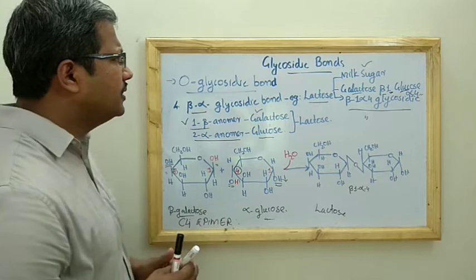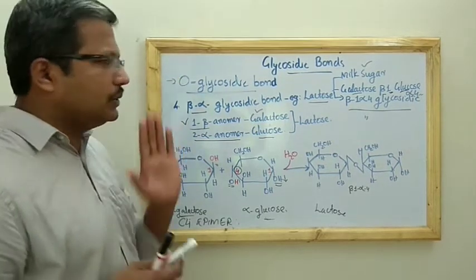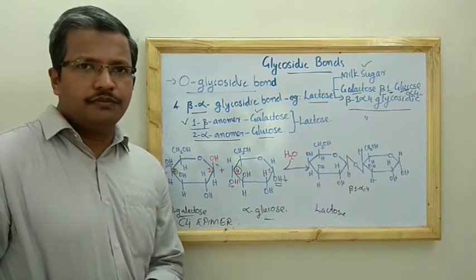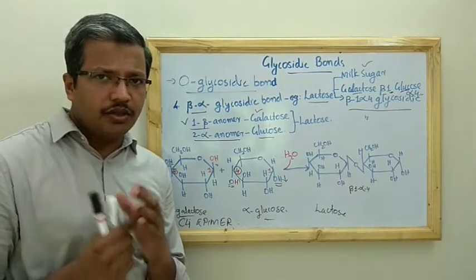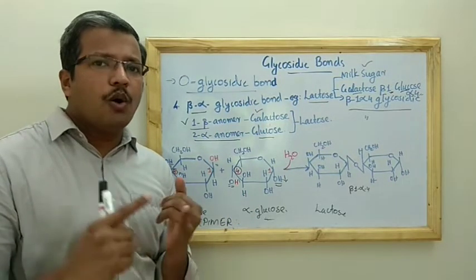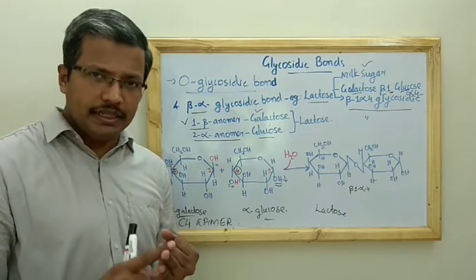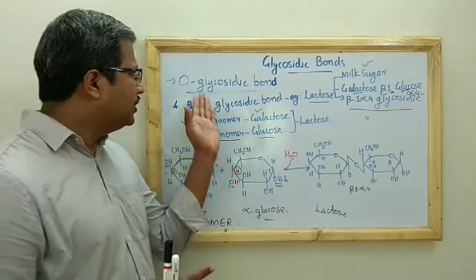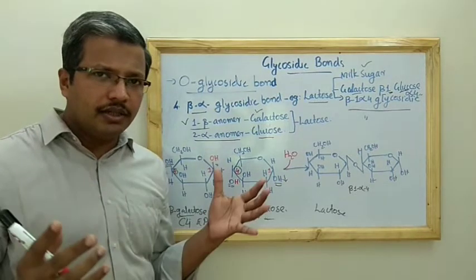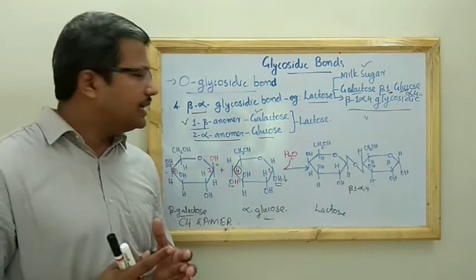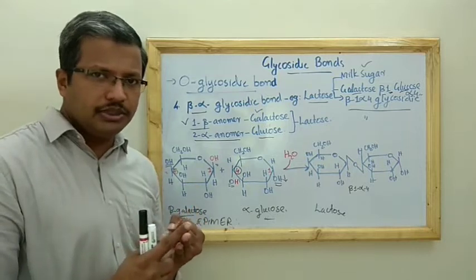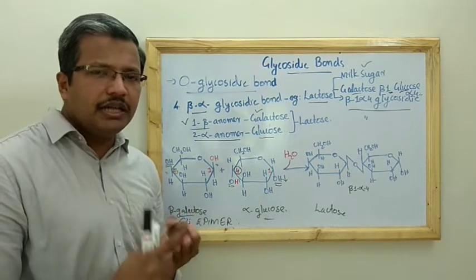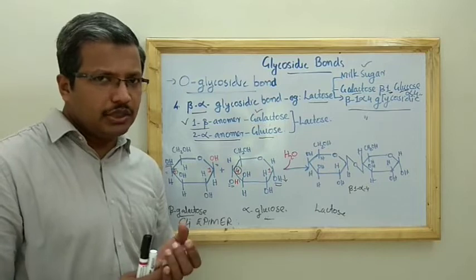So that's about the different types of O-glycosidic bond. We have learned from the beginning that glycosidic bonds are of two types: the O-glycosidic bond and the N-glycosidic bond. In the O-glycosidic bond we have learned four subtypes: alpha glycosidic bond, beta glycosidic bond, alpha beta and beta alpha glycosidic bond.